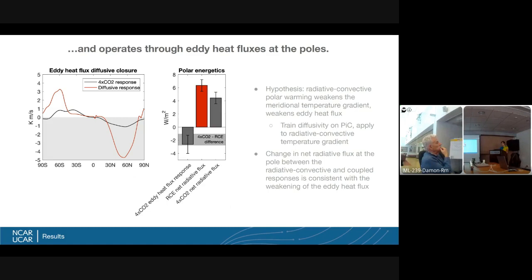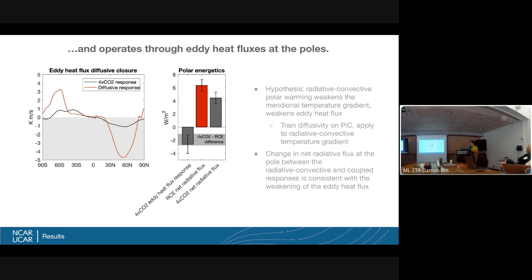The interesting one is the poles, where I don't think it's the clouds. I think it's purely the eddy heat flux. And this has been proposed plenty of times, and plenty of folks have looked at it: as the temperature gradient weakens, if eddies are diffusive of temperature, they're just going to mix less heat towards the poles.